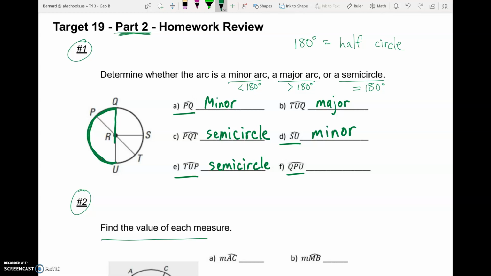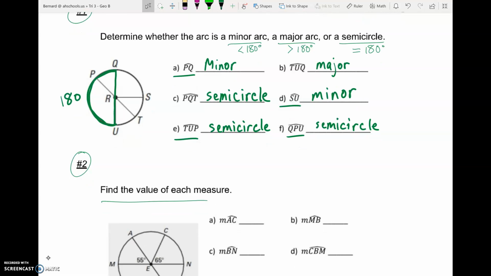It's just a different diameter this time. QU is a diameter, endpoints on the edge of the circle going straight through the center. So again, it splits our circle into 2 180-degree sides, and so this is going to be a semicircle as well. Perfect. Hopefully we're getting better and better at that as we continue to practice it.